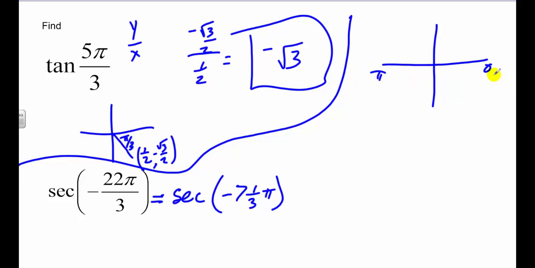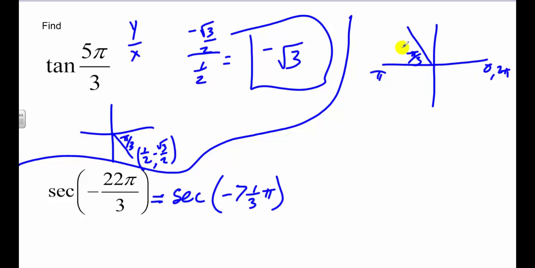And then when I come back, I'm at 2 pi. So this is 1 pi, 2 pi, 3, 4, 5, 6. There's 7 pi. And then if I need to go another third, remember I'm going in a clockwise fashion. I'm going to go a third more pi in this direction. So I get to 1, 2, 3, 4, 5, 6, 7 pi, and one more third pi puts me over here, which is pi over 3 away from this axis, or 60 degrees.